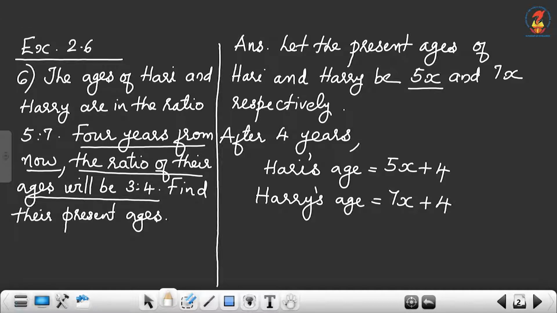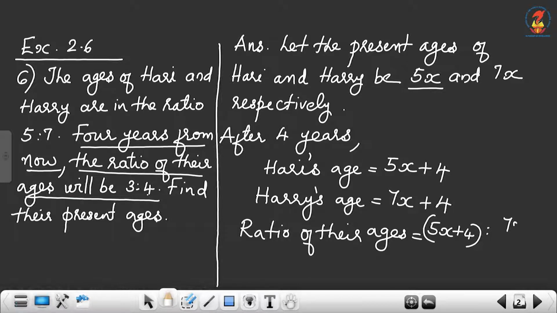Then the ratio of their ages is given. After 4 years, the ratio of their ages is 3:4. Now we can find the ratio of their ages after 4 years: 5x plus 4 is to 7x plus 4. We can write it in the form 5x plus 4 divided by 7x plus 4.